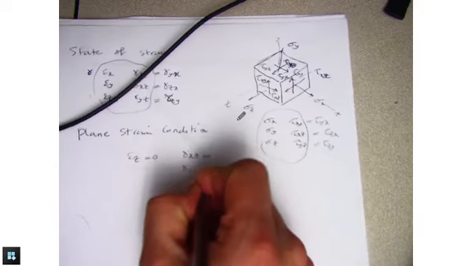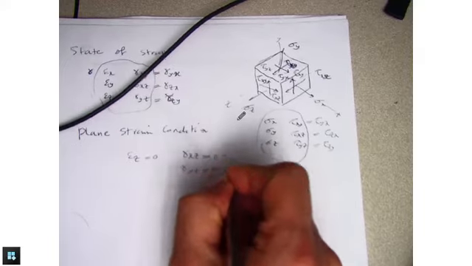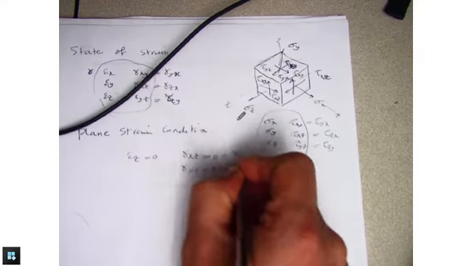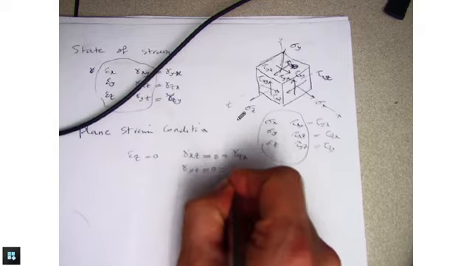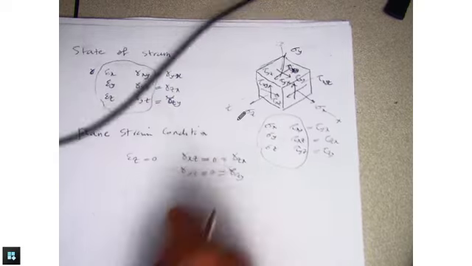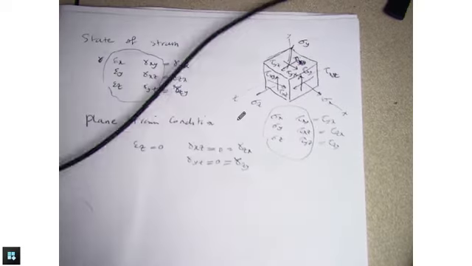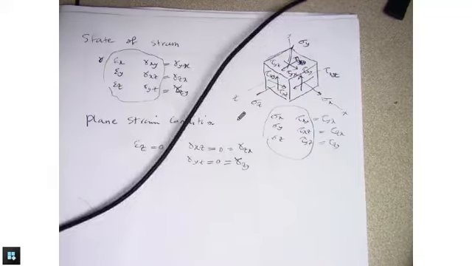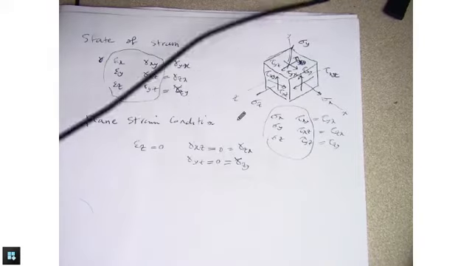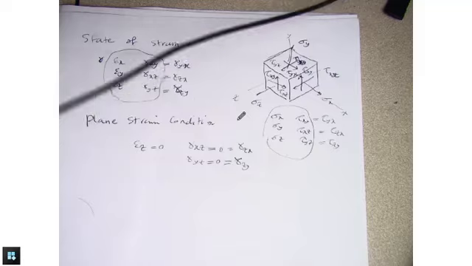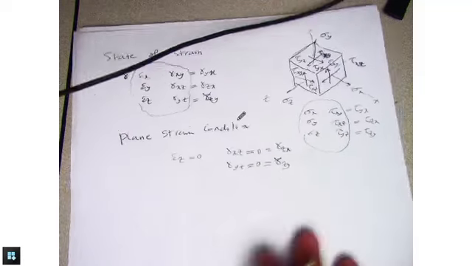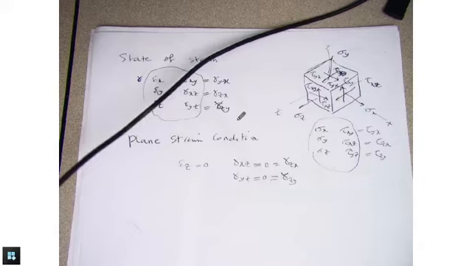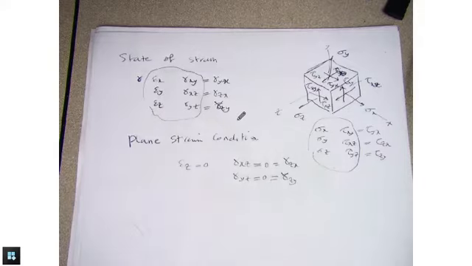In other words, gamma zx and gamma zy are 0 too, right? So this is plane strain condition. Under plane strain condition, we can use strain transformation equations like this one that I'm going to write for you to transform strains from one coordinate system, one orientation, to another orientation.